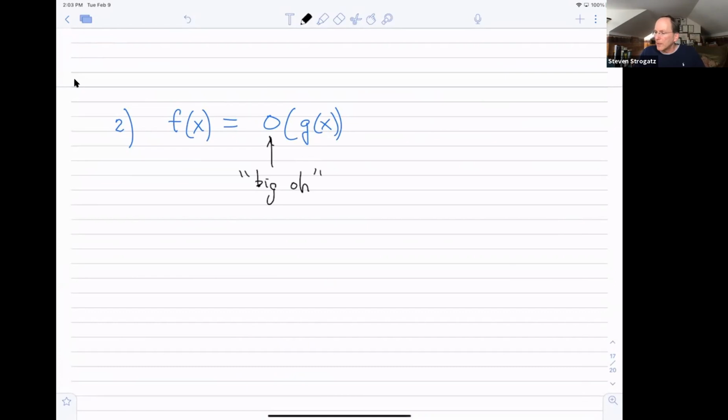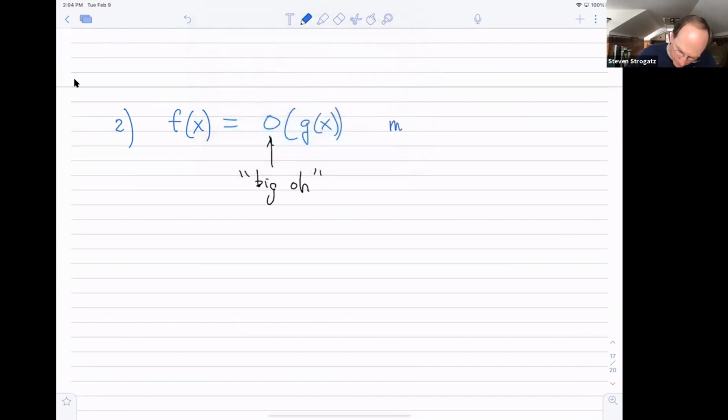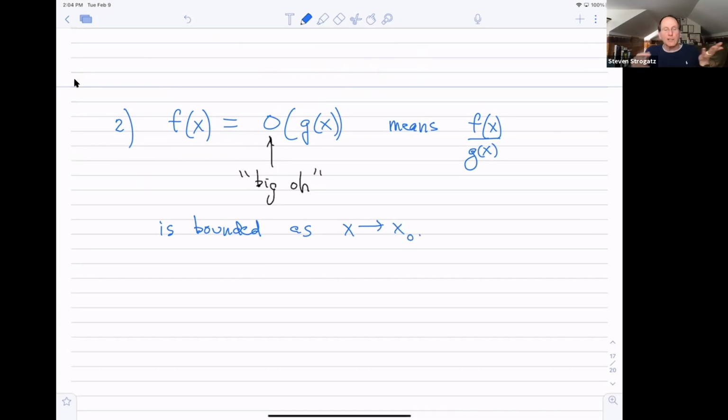And it's a useful symbol. It's closely related to asymptotic, but it's a little less precise. So this means that if I look at the ratio f of x over g of x, it means this is bounded as x goes to some point. I mean, we're always taking f of x is big O of g of x as x approaches some point x0.